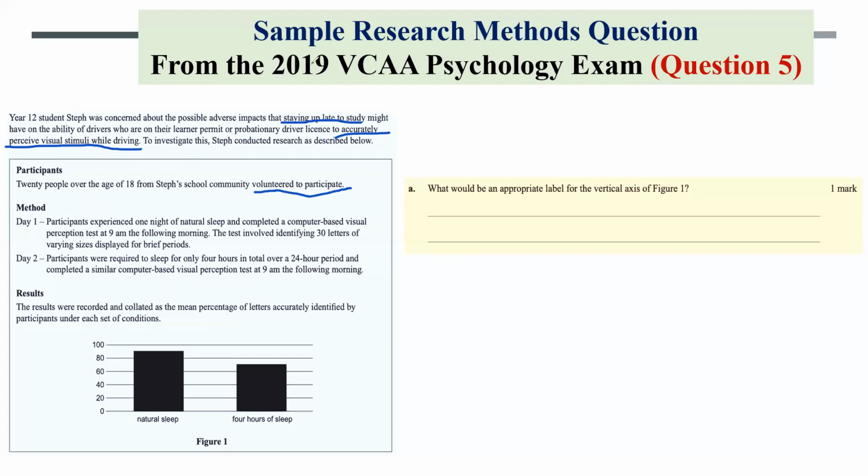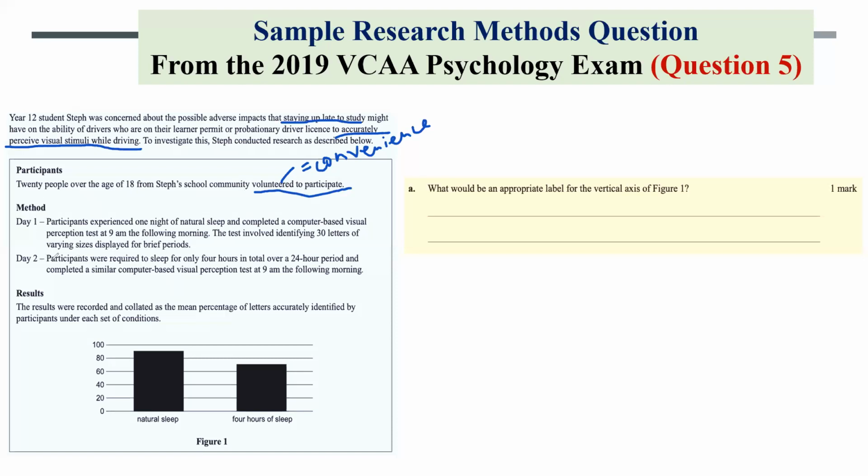It sounds a bit like convenience because it's the school community. It is convenience. That's correct. Whenever it's volunteering, it's always convenience. Just remember that, but obviously read the scenario properly as well. Don't just see the word volunteered and then say, yep, convenience, but read the rest of the sentence as well, just so you don't mix things up. Most of the time, if it says that participants are volunteering, that is convenience sampling.